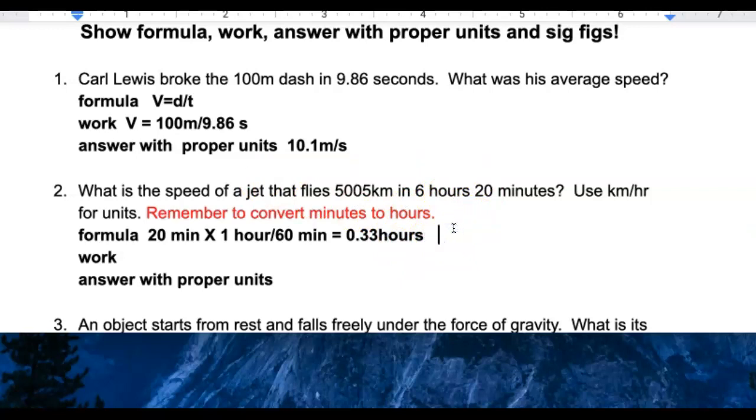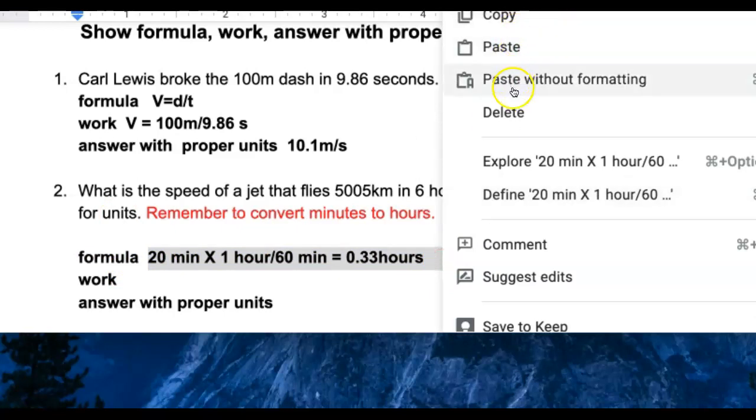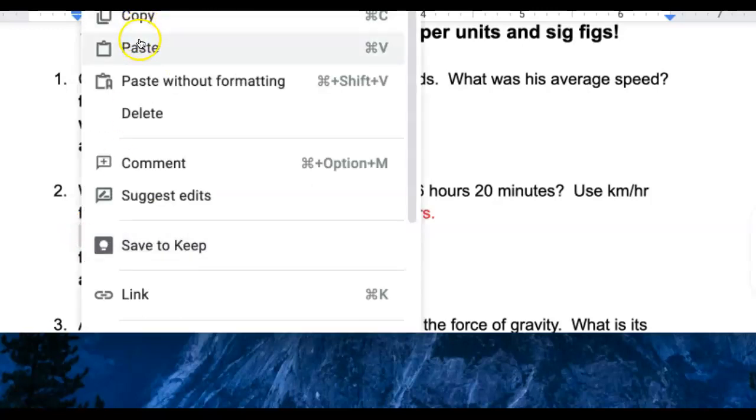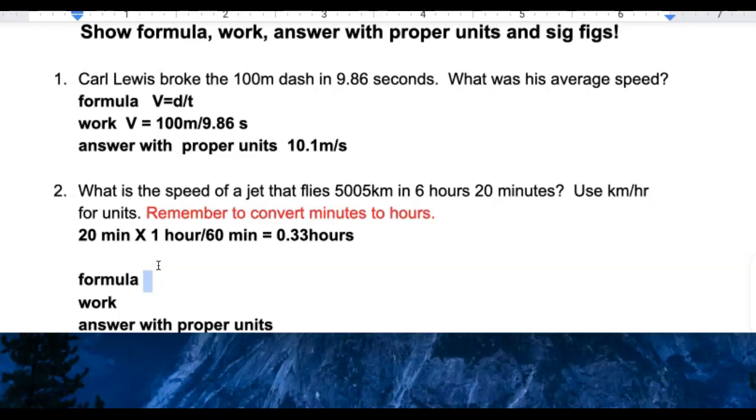So when I type my formula over here, and I could also set this up, let me do this. Put that down. Cut. Put it up here. Paste. Work back here. Now I can, because I like to have my stuff all organized.